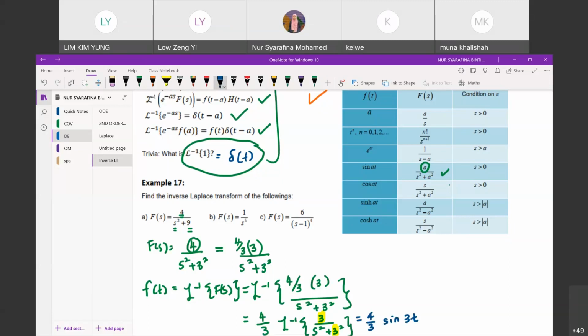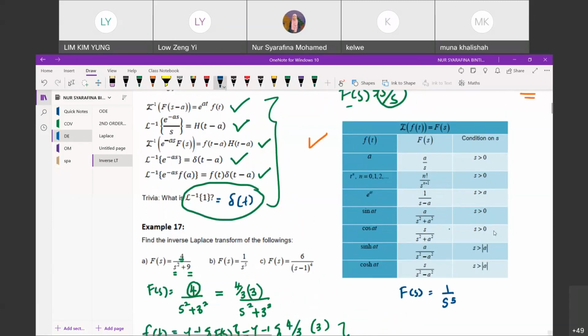Okay, now let's try B. You have F(s) equals 1 over s to the power of 5. So now s to the power of 5 is mapped to which form? The more suitable form comes from here, right? s to the power of n plus 1. So this is mapped to n factorial over s to the power of n plus 1.